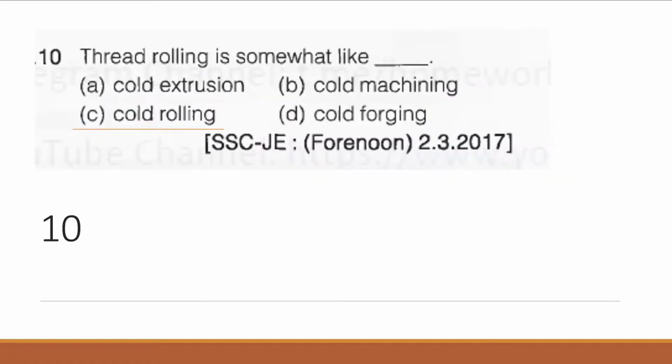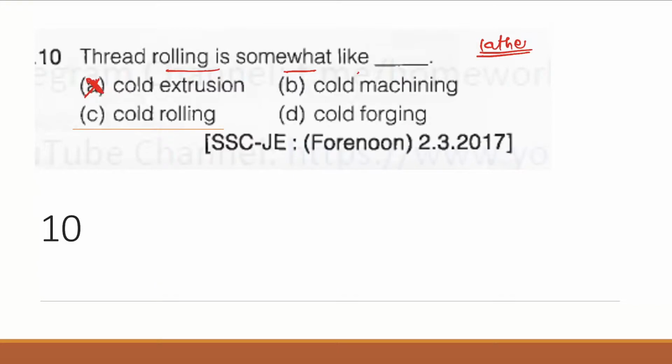Now the next question, thread rolling is somewhat like... Now we have seen in workshop technology as well that threading operation can be performed on lathe machines, right? So what is this threading operation and how we can relate this operation to the other operation? Is it cold extrusion?